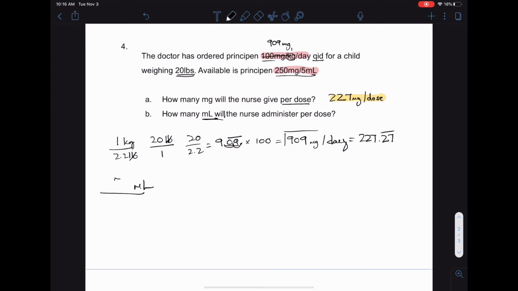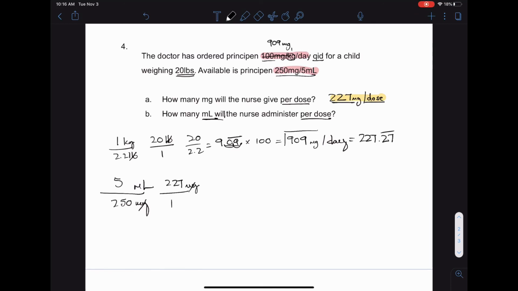So let's go ahead and put our 5 mils, 250 milligrams. And that's where we're going to pull in this because it's per dose that we're working towards. So we're going to use our per dose order. So we can plug in 227 milligrams. That cancels.